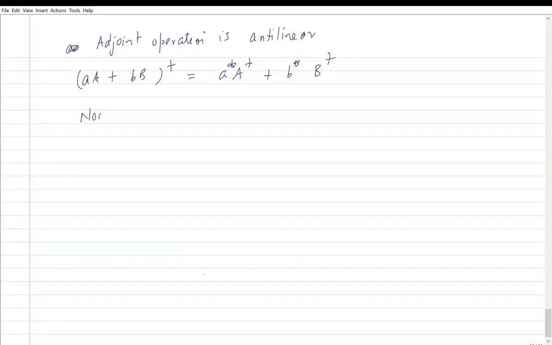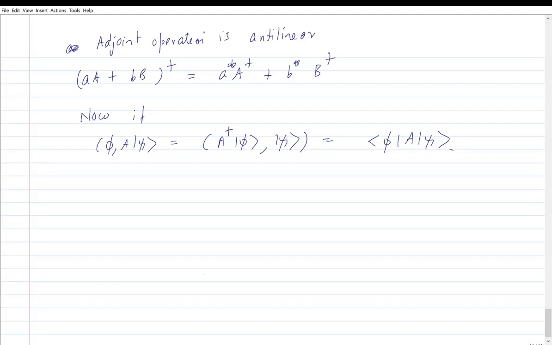So now if I have the notion of the inner product, by definition, that was the definition of my adjoint operation, I might as well regard this as this guy over here.